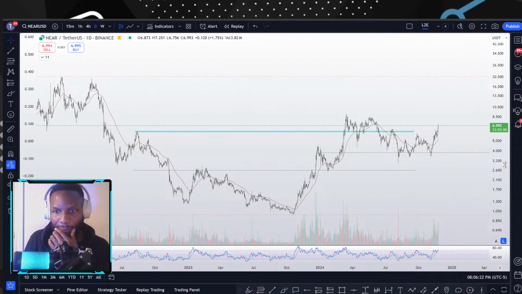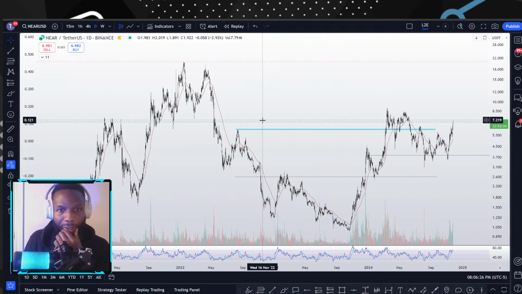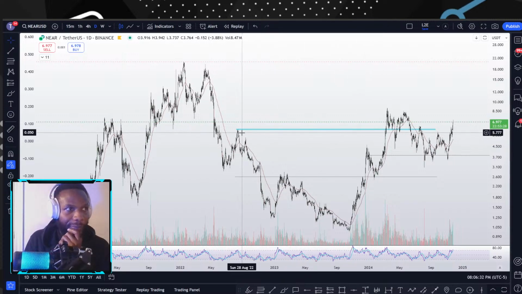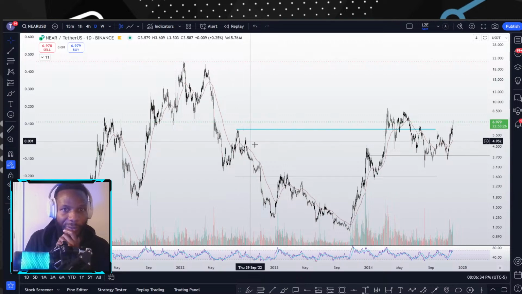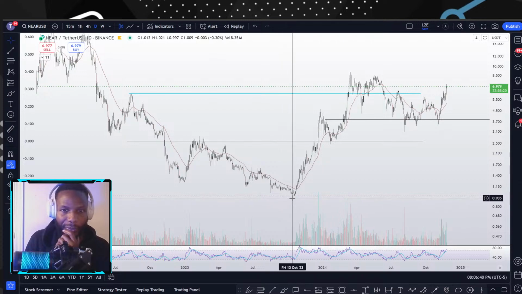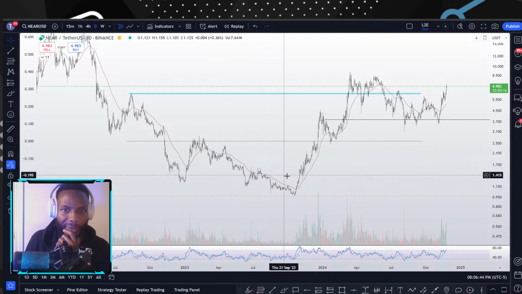I'm not going to be on here much longer. I'll just show this one before I leave. So we broke above this high right here. This was the resistance, right? We fell down here during the bear market. As you can see, this was the bear market low from 2022 all the way down to 2023.